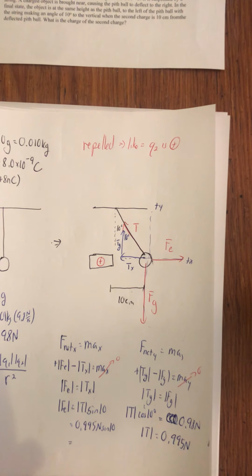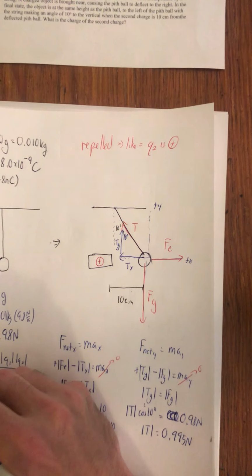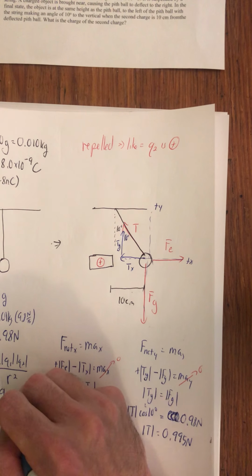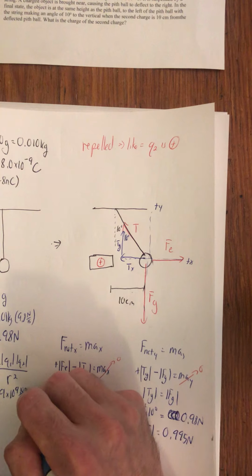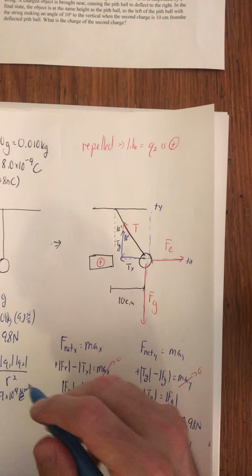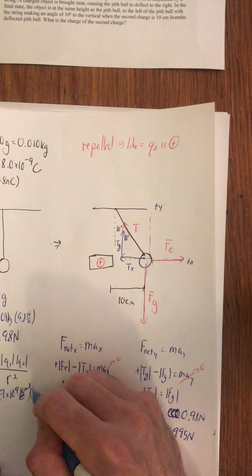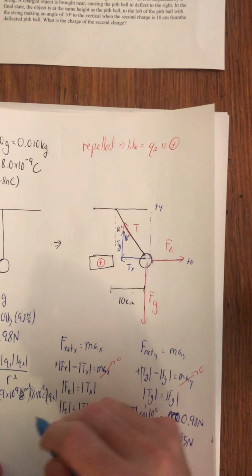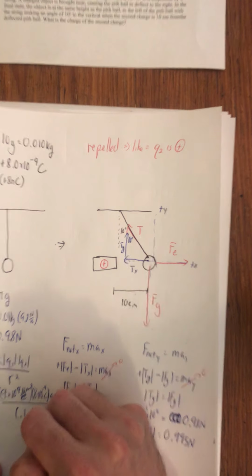And so, put that in my calculator, 0.173 newtons, and now I come over: 0.173 newtons is equal to 9 times 10 to the 9th newton meters squared per coulomb squared, times 8 times 10 to the negative 9th, Q2 magnitude over r. We're told that's 10 centimeters, 0.1 meters, quantity squared.